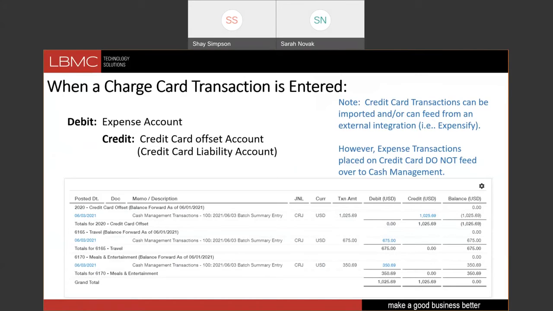If you have set up Sage Intacct Time and Expense and you are submitting your expense reports in Time and Expense, and you say, for this expense report, I am creating an expense that has been placed on a credit card, however it is not reimbursable to the employee, and I am paying that with that credit card, those transactions do not feed over to cash management.